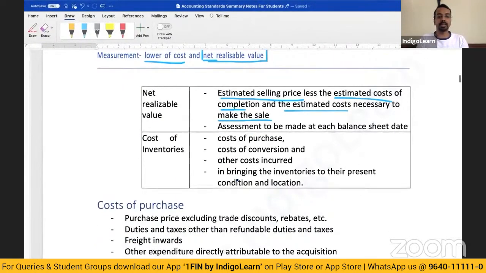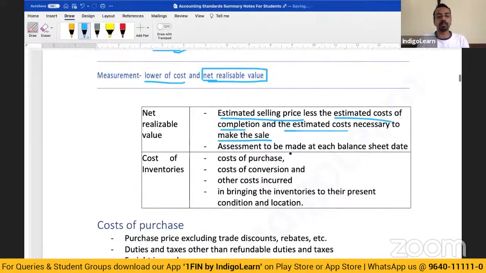Okay, then the assessment of NRV has to be made at each balance sheet date. This can be a theory question if at all they ask. Then coming to the next aspect as to what do we mean by cost of inventories. When we say lower of cost and NRV, what do we mean by cost of inventory? And this concept that you learn will also be mostly applicable when you do property, plant and equipment as per AS 10.